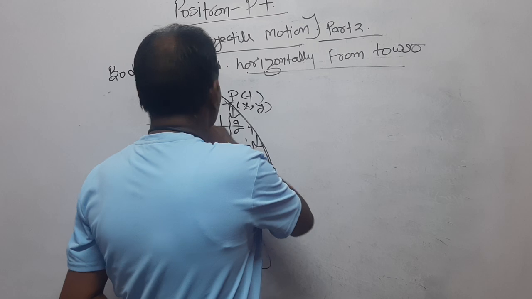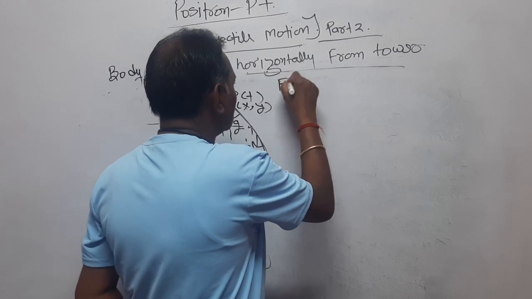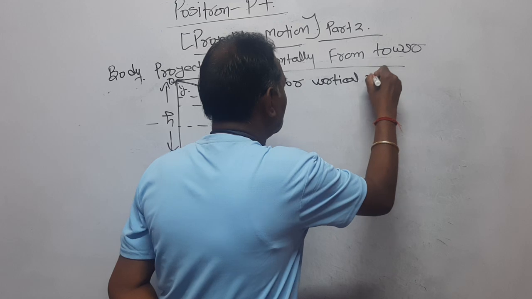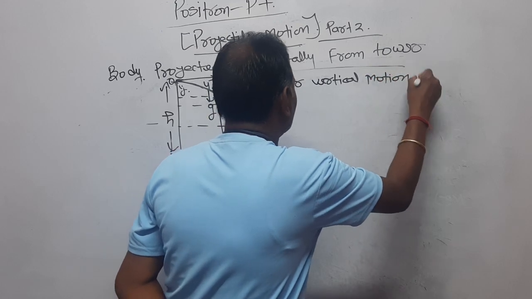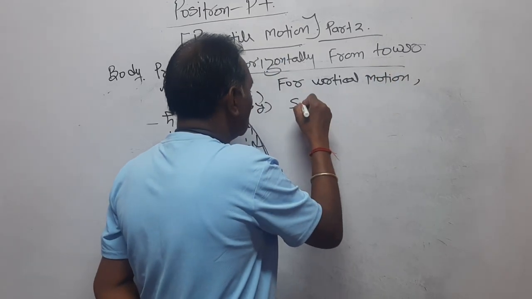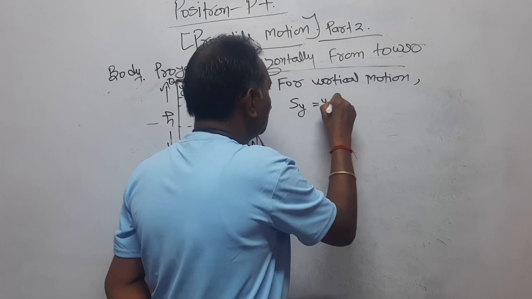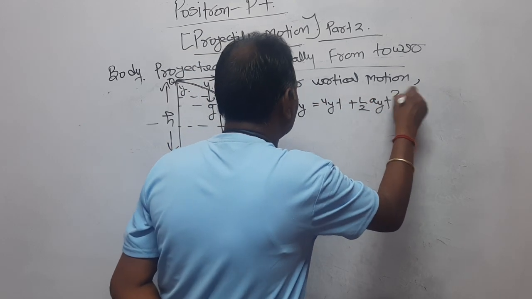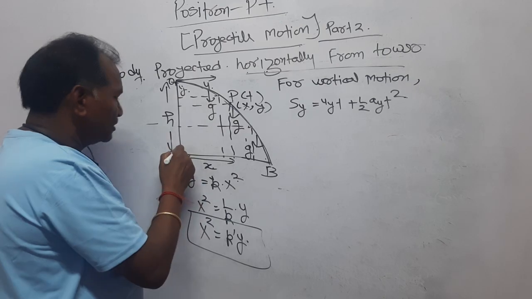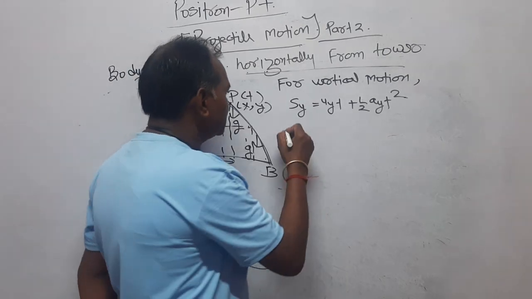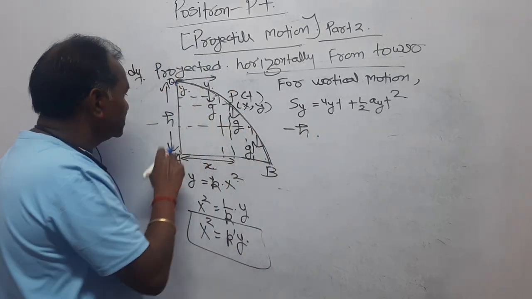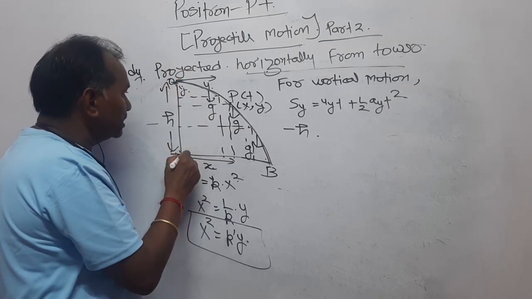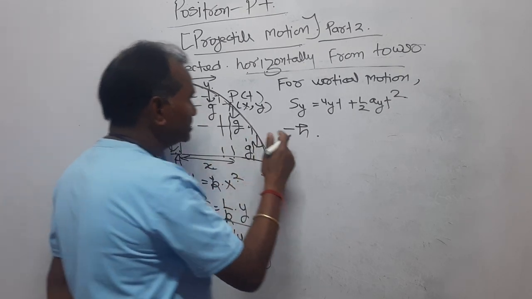Dear students, for the vertical motion, Sy is equal to ui into t plus half ay into t square. Sy, the vertical displacement, is minus h, below the origin, right? The body will come from here to here, so the displacement is minus h.